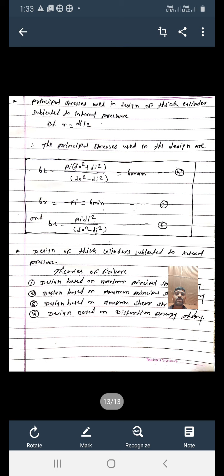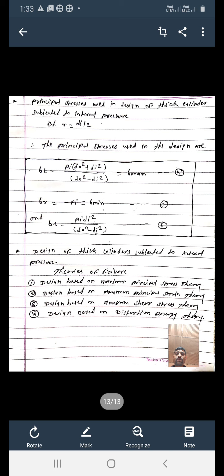Design of thick cylinder subjected to internal pressure. As the thick cylinder is subjected to three principal stresses, different theories of failure are used in the design of the thick cylinder subjected to internal pressure.